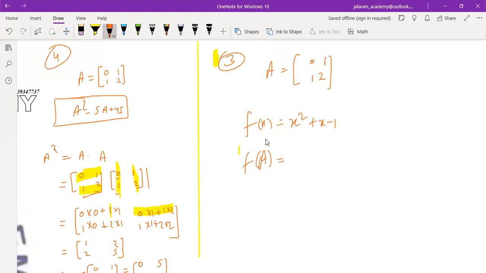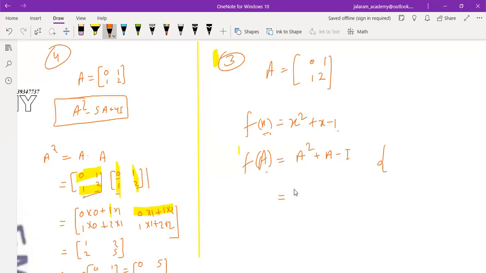Now in matrix equation, in this type of function in which x is a real number but it is replaced by a matrix, so we write A square plus A minus. Now this time we cannot write 1 as 1 is a real number and a real number cannot be added to a matrix. This is the closure law. So in place of 1 we use identity, which is equivalent to 1 in case of matrices.